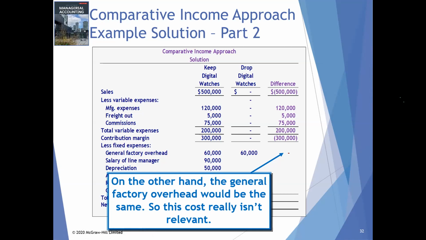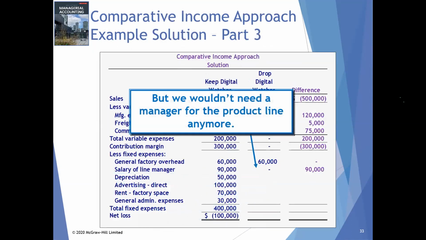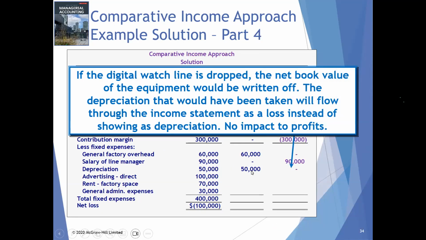But we won't need the manager for the product line anymore, so the $90,000 we will not pay for the manager. It's an avoidable cost. And we are not going to consider the $50,000 depreciation here, so for the calculation purpose we do not consider it.